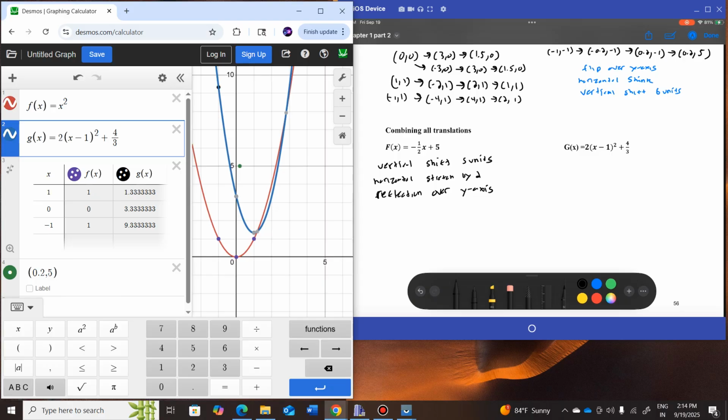And so we have a horizontal shift of 1 unit to the right, vertical shift of 4/3 up, and it's being multiplied by a factor of 2, so it's getting stretched out, so it's getting more steeper. So multiplied by a factor of 2.